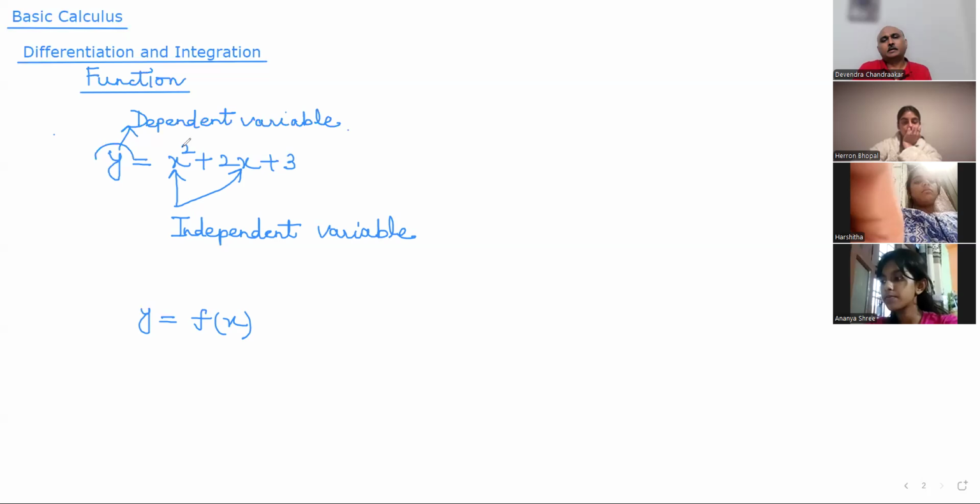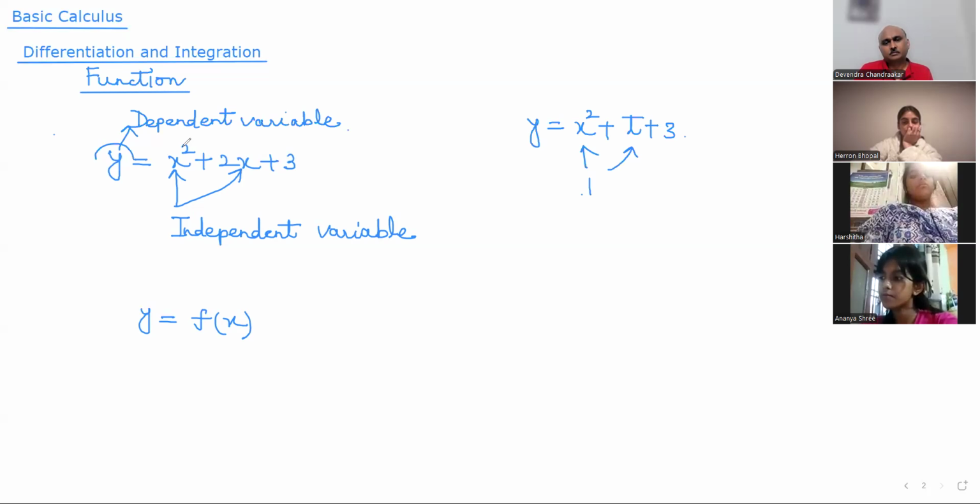Suppose there are multiple variables like this, t plus 3. So the values of these two are independent variables now, and this is the dependent one.